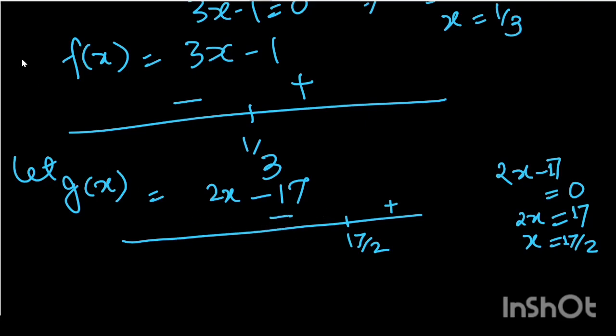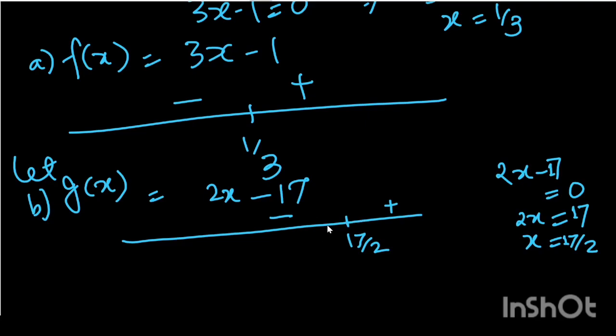So we took two examples of linear expressions: fx, 3x minus 1, and gx, 2x minus 17, and I plotted their signs on the number line.